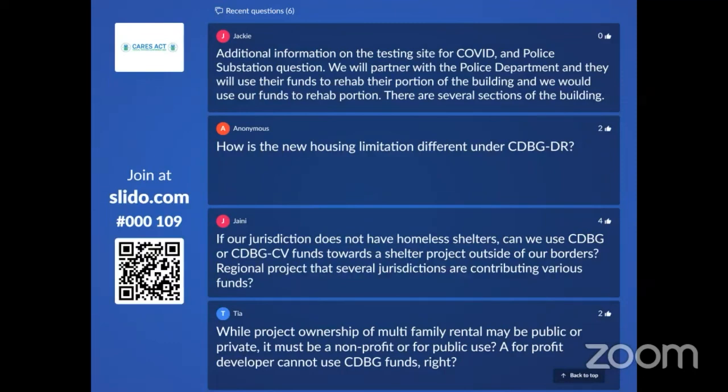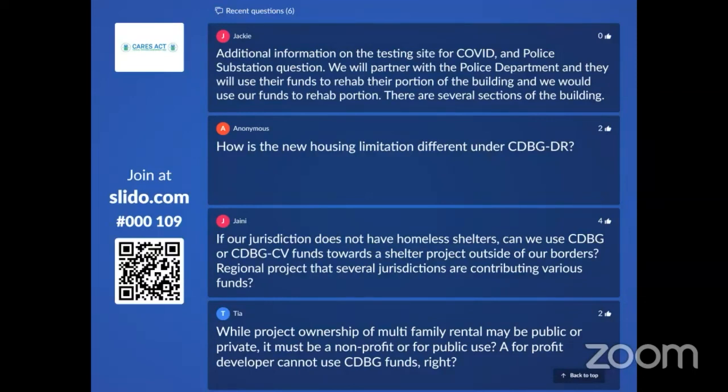If you have a building with multiple uses, you can use CDBG and CV on the part that's being used to carry out an eligible activity meeting a national objective.